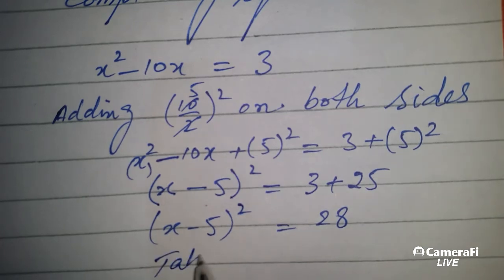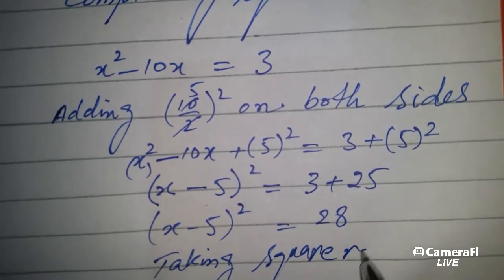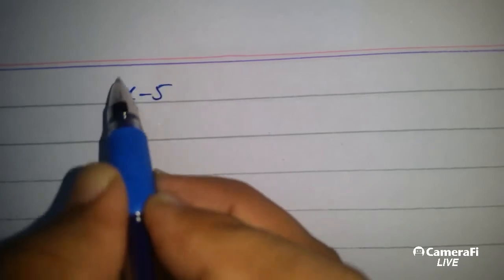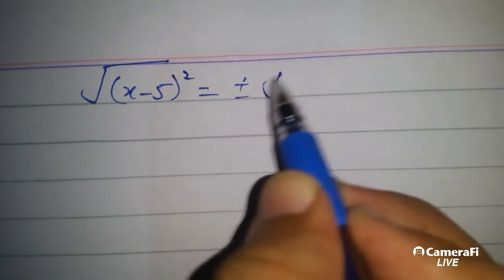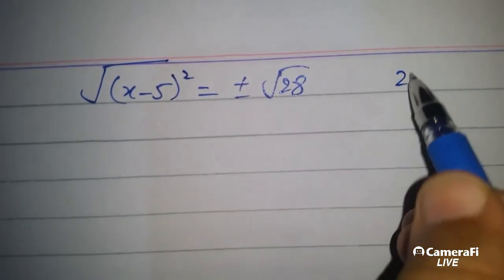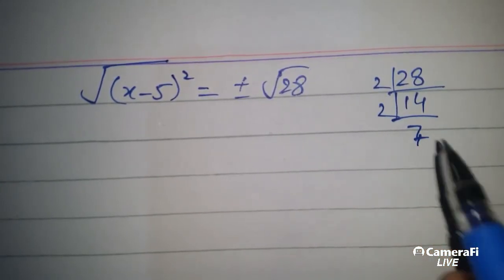Taking square root on both sides. Let's take the square root on both sides. We can just make the factors of these.